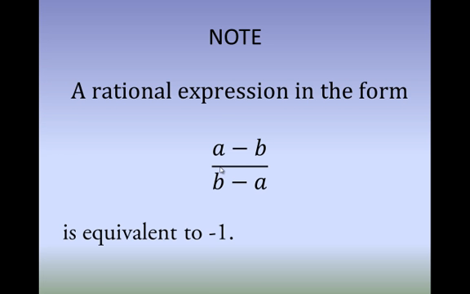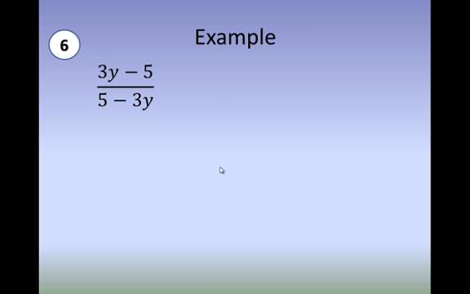So a rational expression in the form of a minus b over b minus a is just equivalent to negative 1. So for an example, 3y minus 5 over 5 minus 3y is just the same as negative 1 in simplified terms.